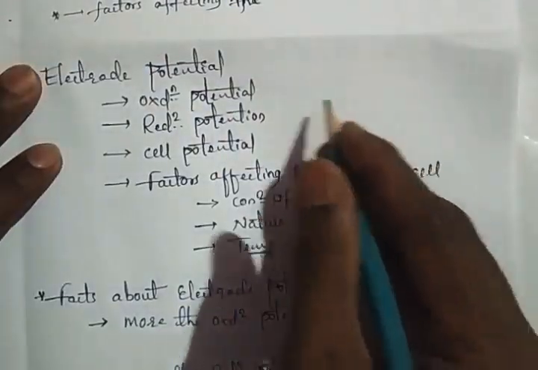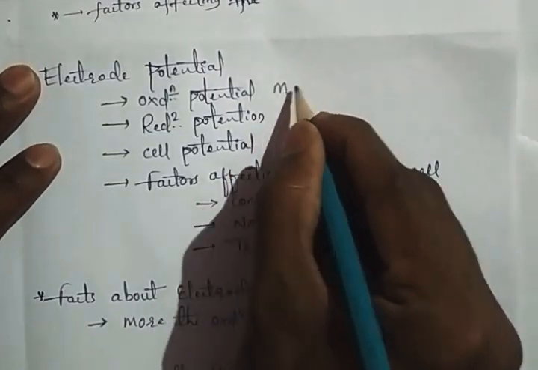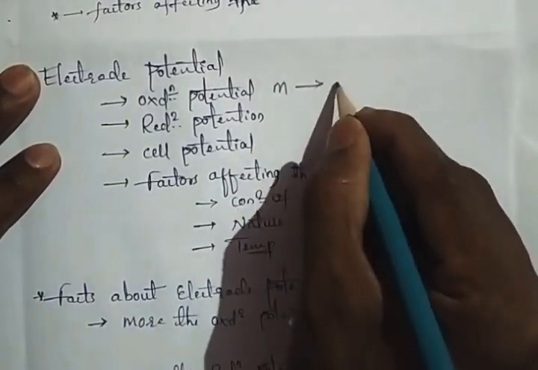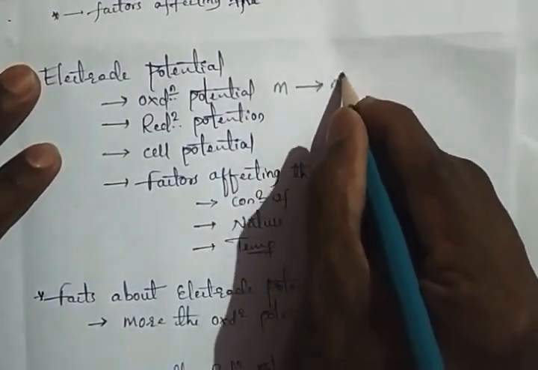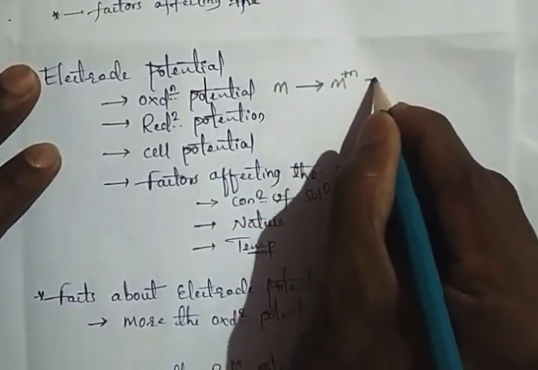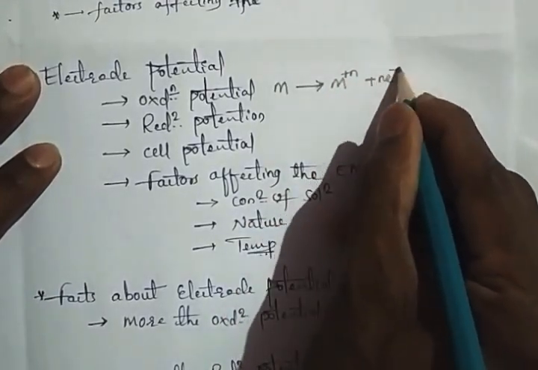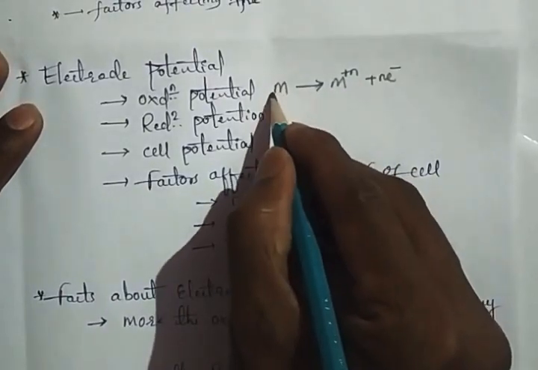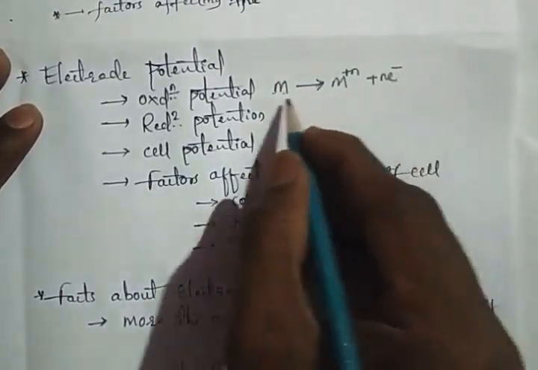As you know, what is meant by oxidation reaction? Oxidation reaction is nothing but a metal undergoing oxidation. Oxidation is nothing but loss of electrons. This is the oxidation half cell reaction.